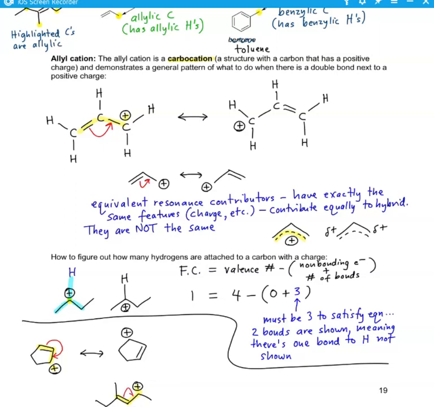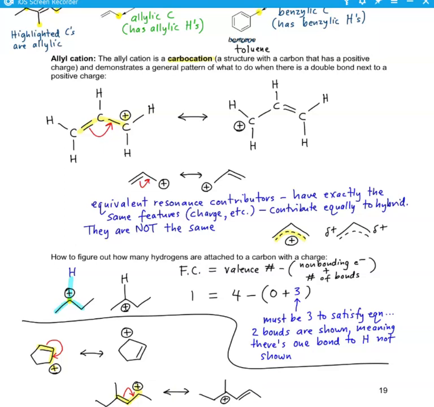Move a pair of electrons out of the double bond toward the positive charge into that bond. And so the result will look like this. Okay, so that's the allyl cation.